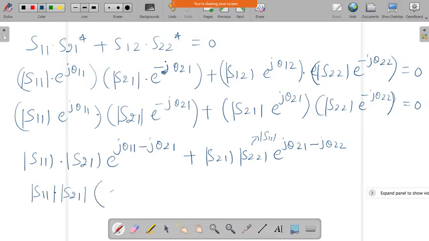What remains are the phase terms: e power j theta 11 minus theta 21, plus e power j theta 21 minus theta 22, which is equal to 0. This is the magnitude and phase terms.